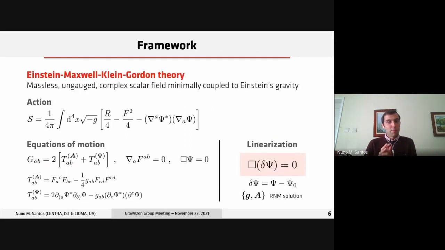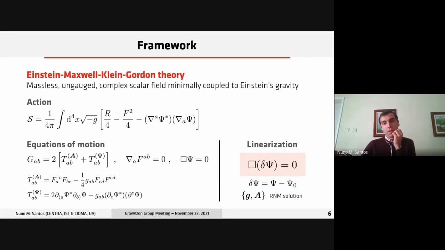Okay, so let me remind you that we are interested in finding bound states between a massless scalar field and a Reissner-Nordstrom-Melvin black hole.